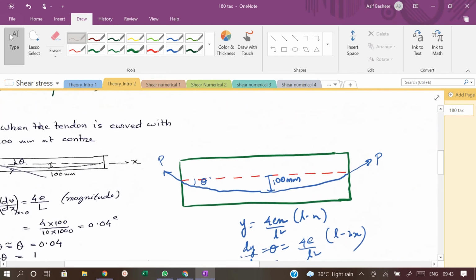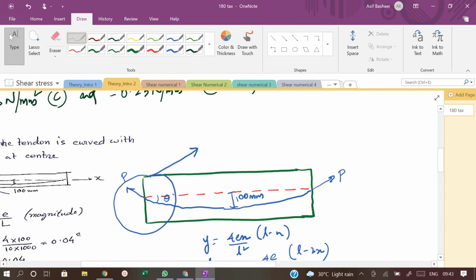Now this portion, this one, I can resolve this into two components, that is your horizontal force and a vertical force, isn't it? This 180 kilonewton is acting.